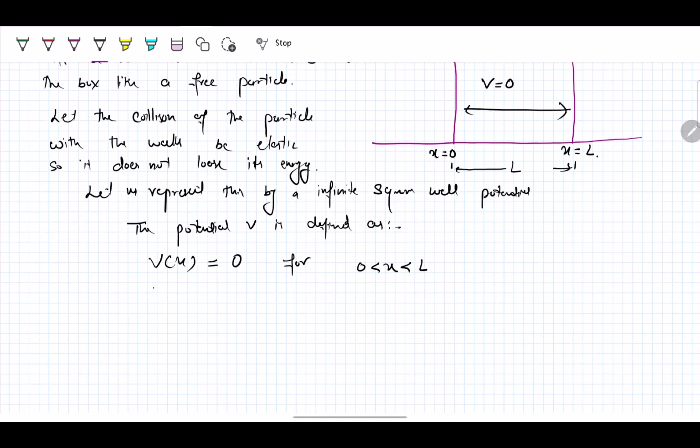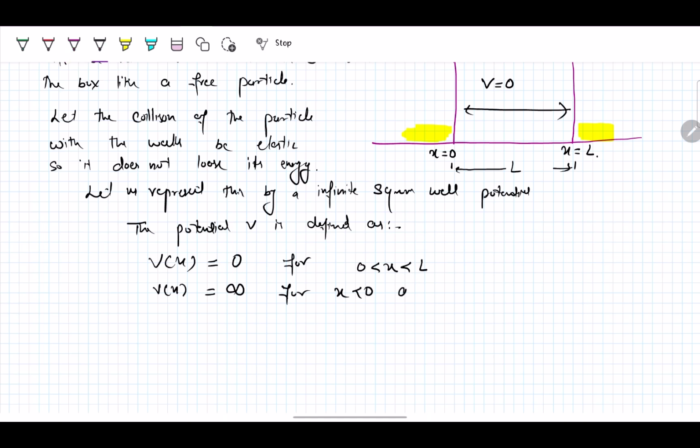And second condition, we have an infinite potential for x less than 0, it means the particle in this region as well as in this region will experience an infinite potential.